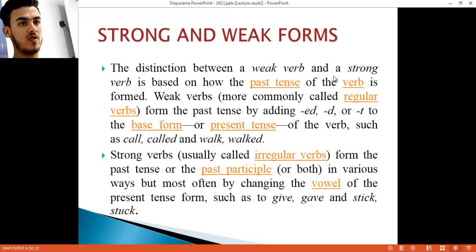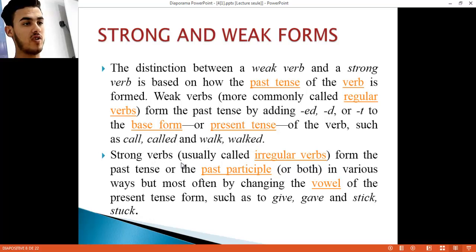The distinction between a weak verb and a strong verb is based on how the past tense of the verb is formed. Weak verbs, more commonly called regular verbs, form the past tense by adding an ed, d, or t, and that's the rule. The base form or present tense of the verb, such as call, called, and walk, walked.